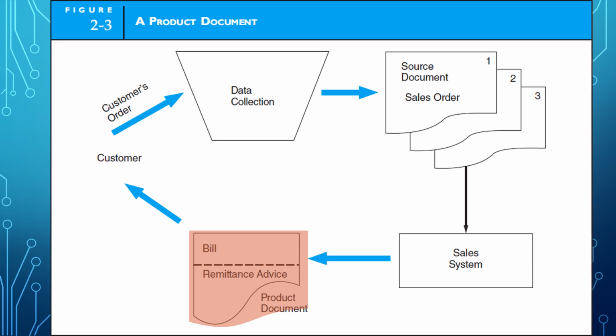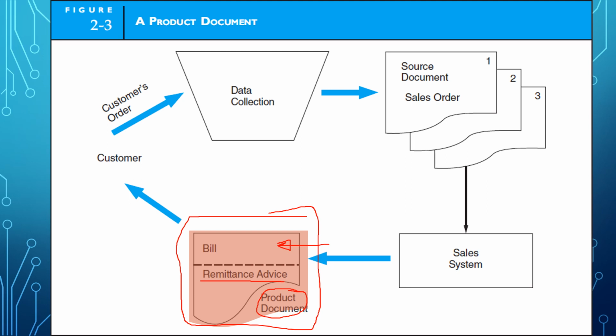The sales system will produce what we call the bill or the invoice. This invoice is first considered a product document, and it will also be used as a turnaround document when we receive cash from customers.